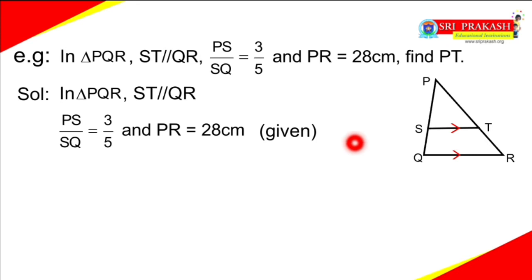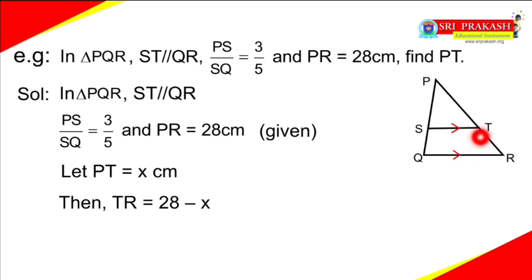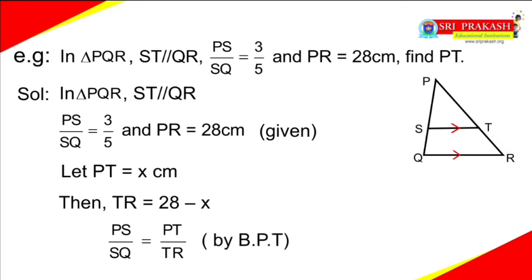Next, let us take PT is equal to x centimeters. Then TR is equal to 28 minus x centimeters. Children, we know that PS by SQ is equal to PT by TR by BPT.